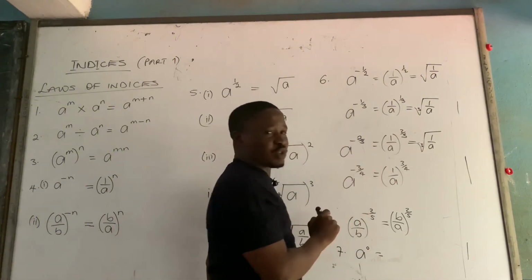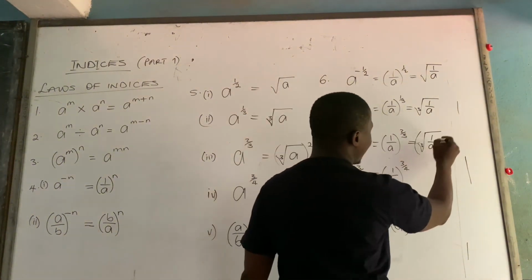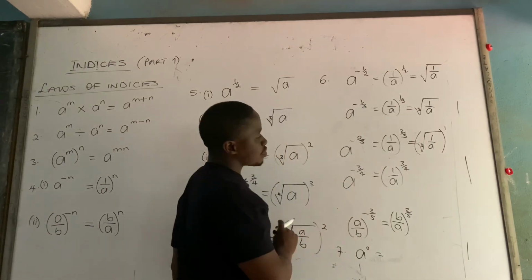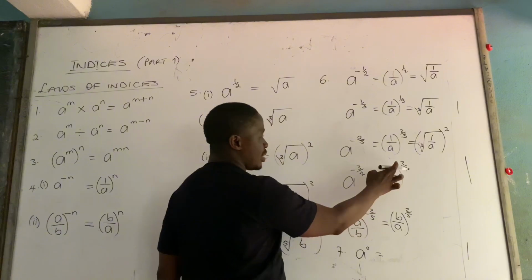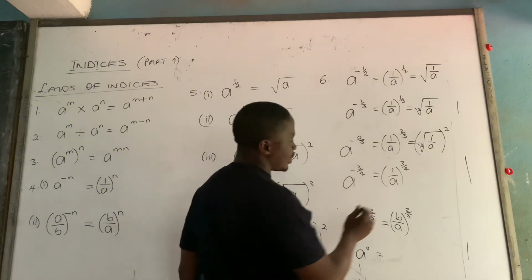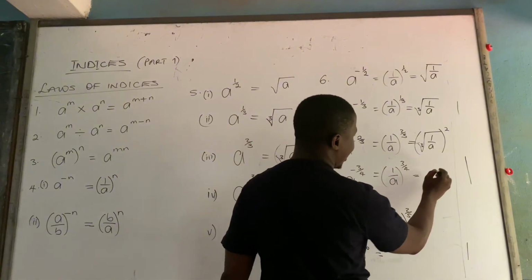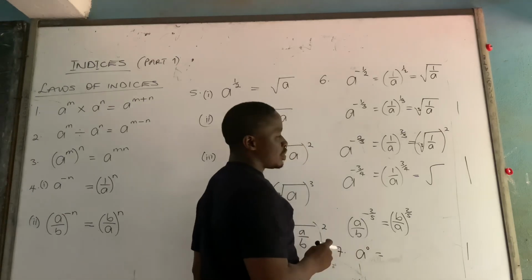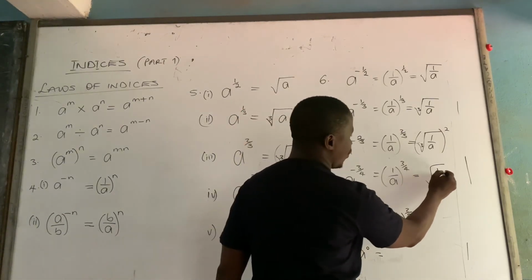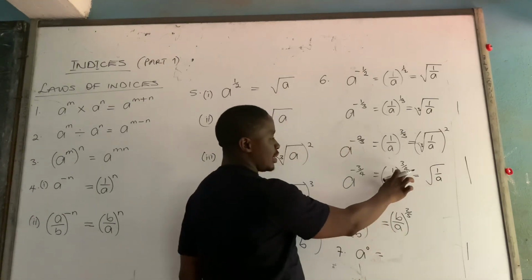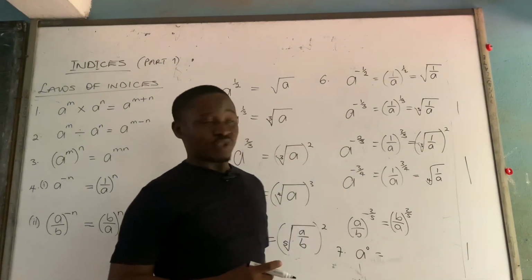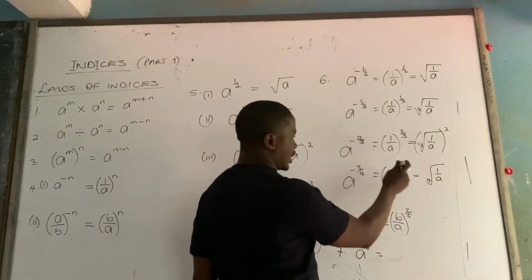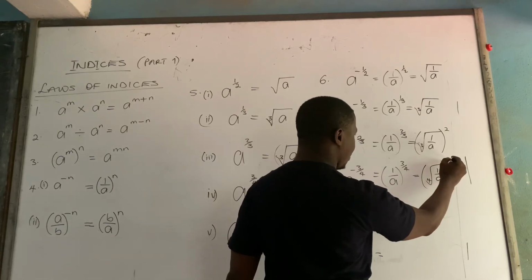This time around, the numerator is not 1, so everything is raised to the power of 2. Again the power is fractional, so we have a root. The base is 1 over a. The denominator is 4, which is what we write here. This is the 4th root. The numerator is 3, so the power is 3.